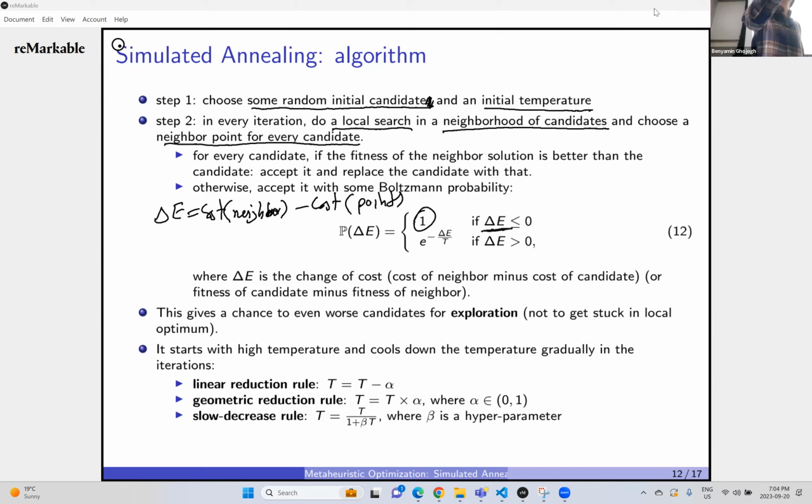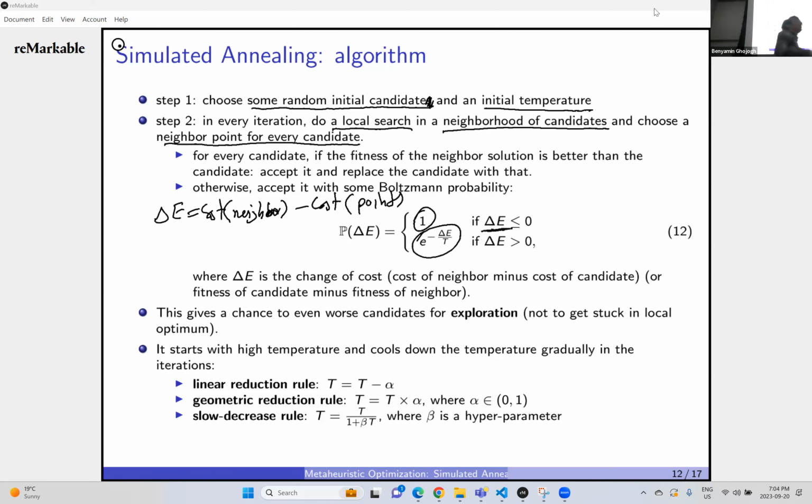If I do that, that will also be awful. Why? Because I will always jump. I will always explore. I will never exploit. Right? Therefore, I should probably accept the worse candidates. Probably. With some probability. What probability? Simulated annealing uses the Boltzmann distribution for that. Okay?